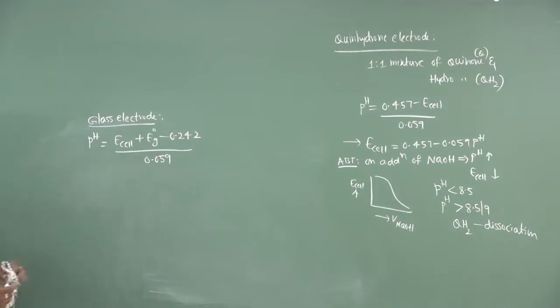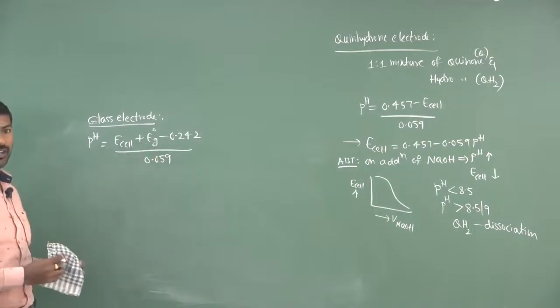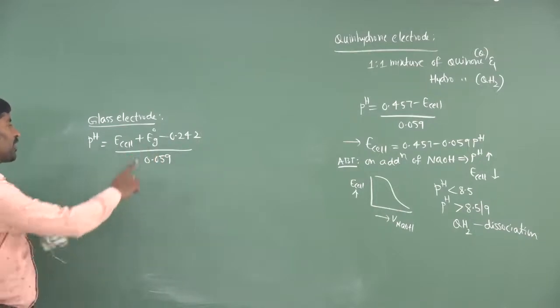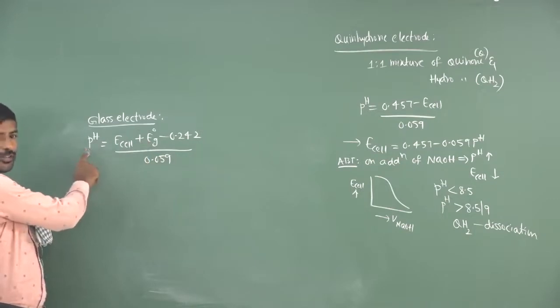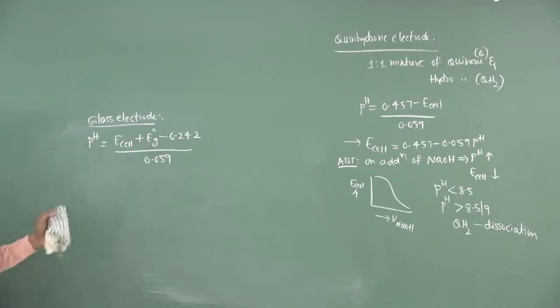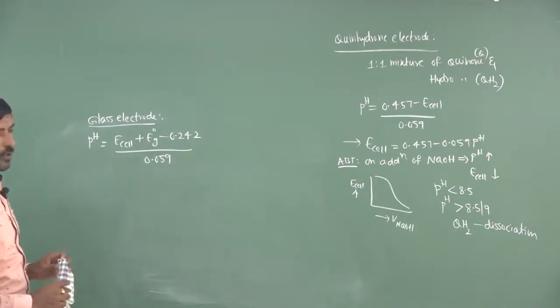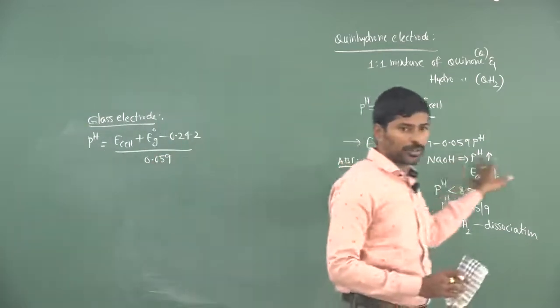By using this, we can calculate pH. Eg naught is the standard glass electrode potential that depends on the nature of the glass we are taking. Eg naught can be calculated by taking a solution of known pH. These are the three equations we have to remember.